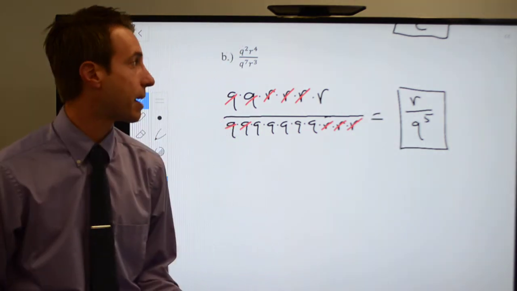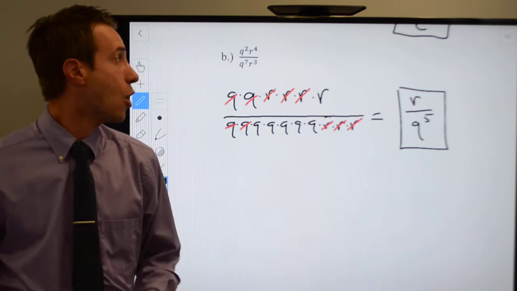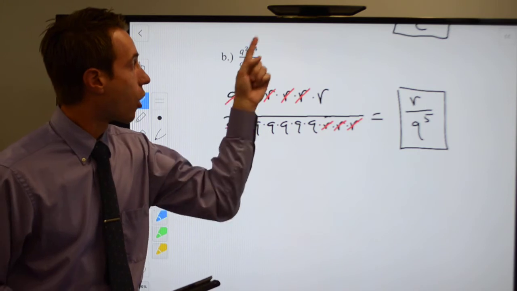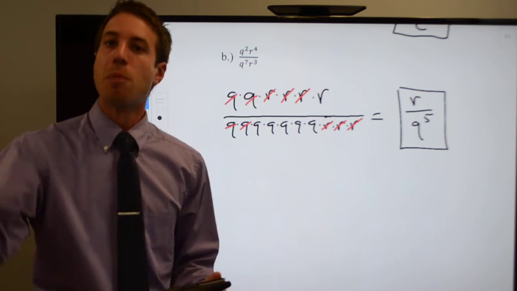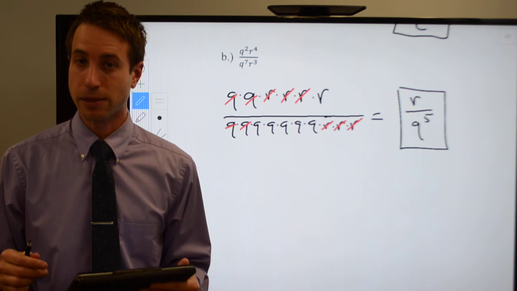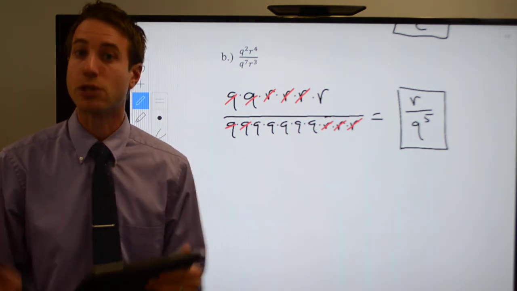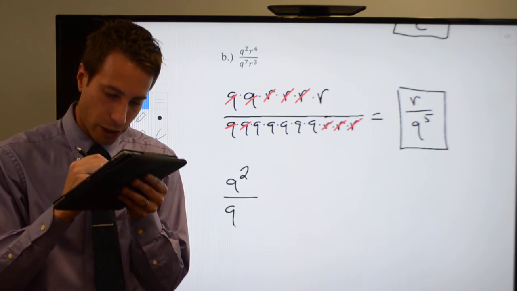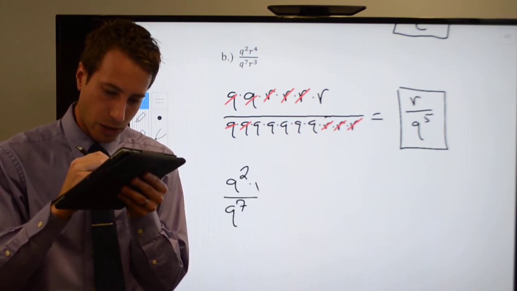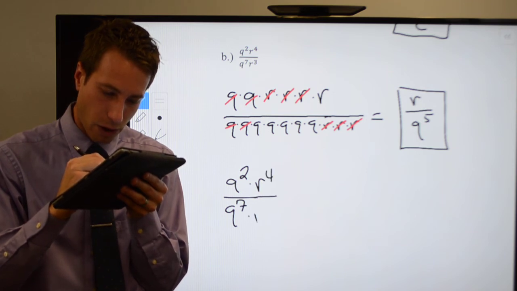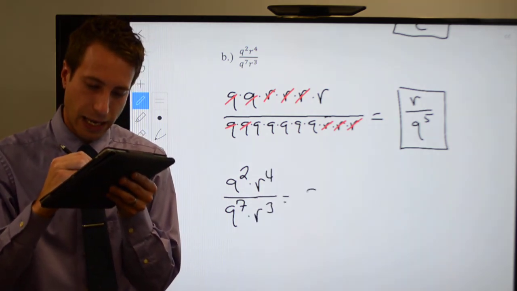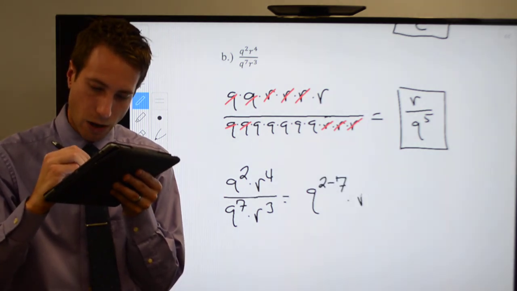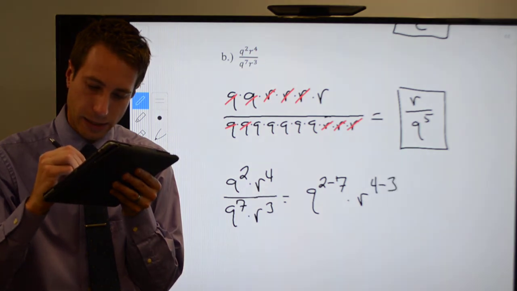Now, another way to think about this, and actually this is the way that I like better, we have, right, quotients. I have a q squared over a q to the 7th, that's division, and an r to the 4th divided by r to the 3rd. Properties of exponents says, when you have a like base, subtract the exponents. So what this is, q squared over q to the 7th times r to the 4th over r to the 3rd, this is simply a q to the 2 minus 7 times r to the 4 minus 3.